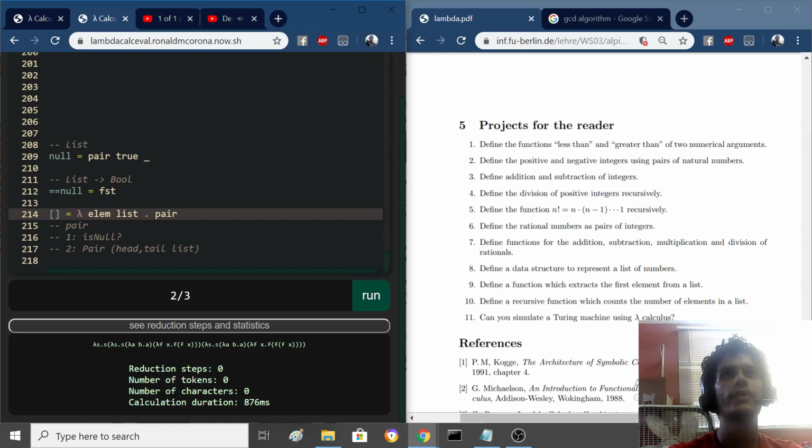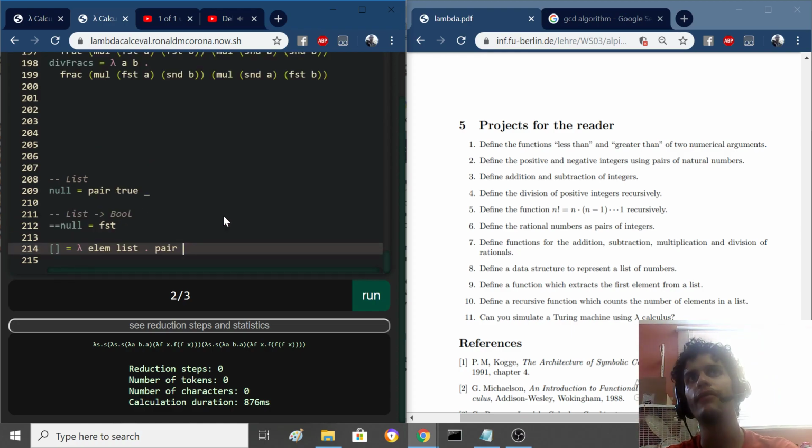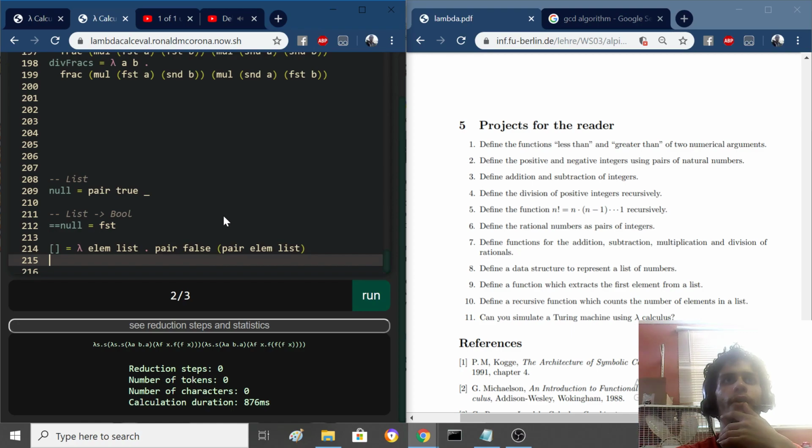Remember, the first element tells us whether or not we have null. Since I'm adding something to the front of the list, the resulting list is obviously not null, so I could just put false right here. And then the second element is what the list is, which would be a pair consisting of the actual element of the list and then the rest of the list.